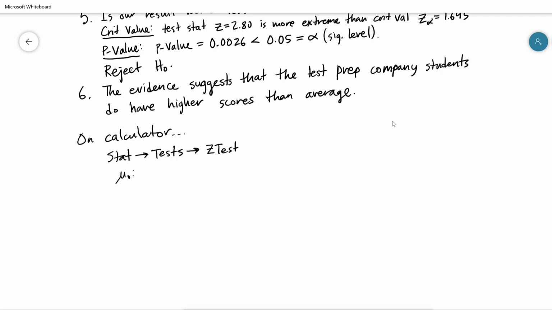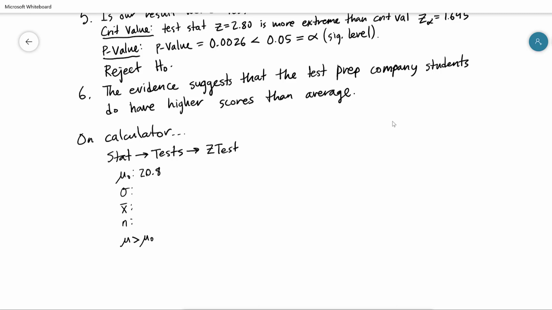It'll ask for all of these values. It'll ask for mu sub 0, it'll ask for sigma, it'll ask for x bar, and it'll ask for n. And lastly, it'll ask for what is the form of our alternate hypothesis. So our alternate hypothesis is mu is greater than mu naught, right? Ours was right-tailed. So plugging these values in, our mu naught, this was the 20.8.